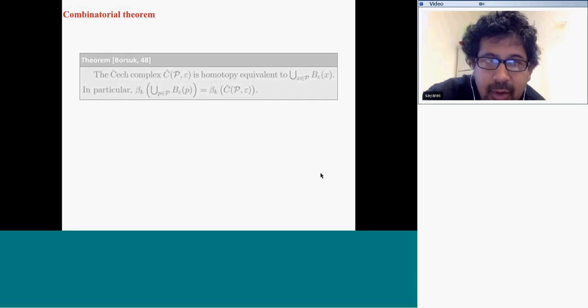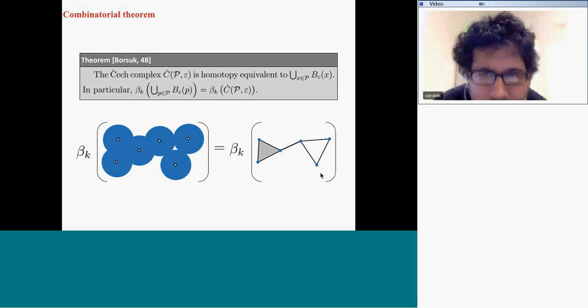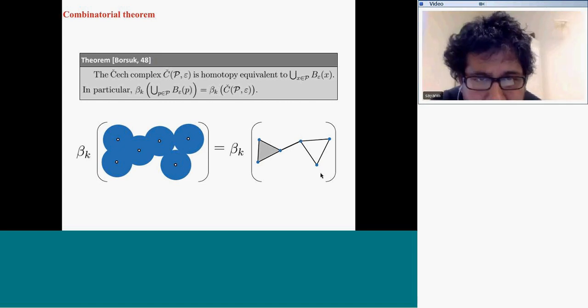So a key idea in a lot of this work is if you take these unions of balls and look at the Čech complex, something you say about the union of the balls is equivalent to the Čech complex.